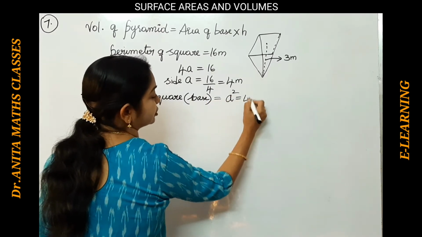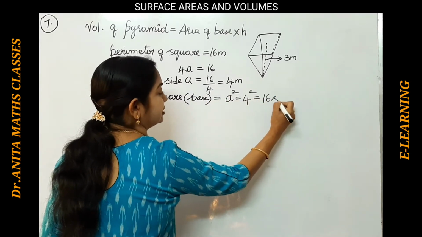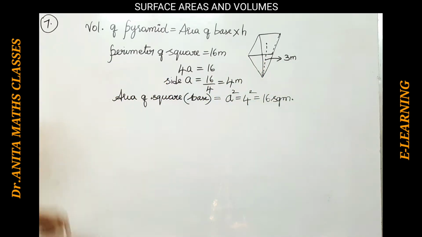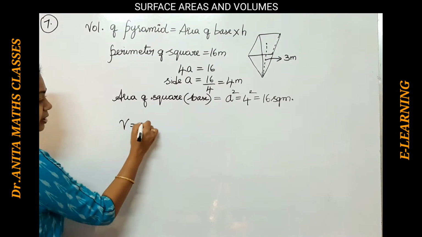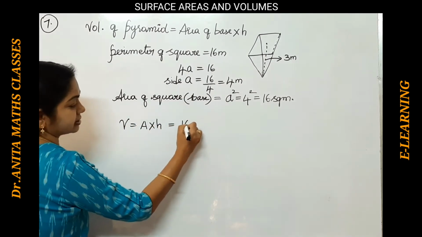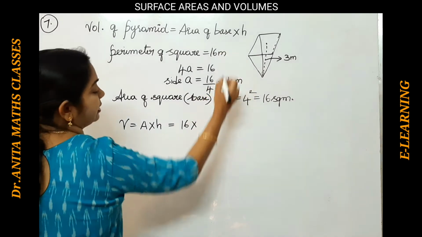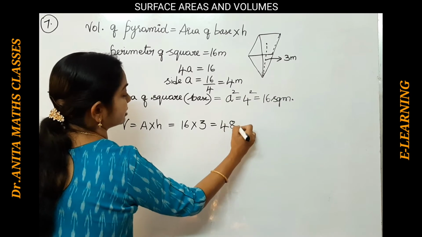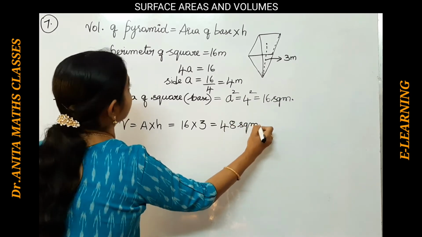So, that is 4 square equal to 16 square meters. This is the area of the base. Now, the volume is area of the base into height. That is, here 16 into the height, which is 3, isn't it? So, that comes to 48 square meters.